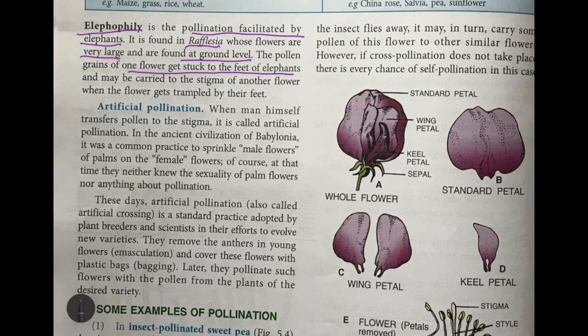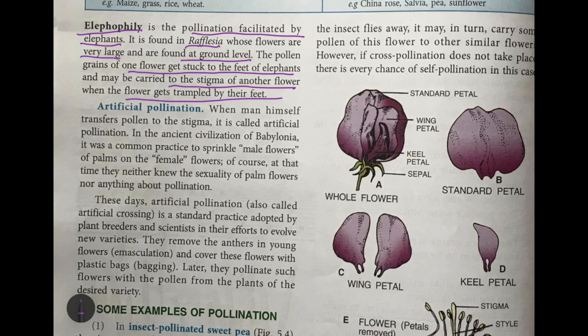When the elephants are moving, they will stamp on the flower and the pollen grains will get stuck on the feet of the elephant, and as they move along, they may come across another Rafflesia flower and the pollen grains will drop down to the stigma of another flower when the flower gets trampled by their feet.